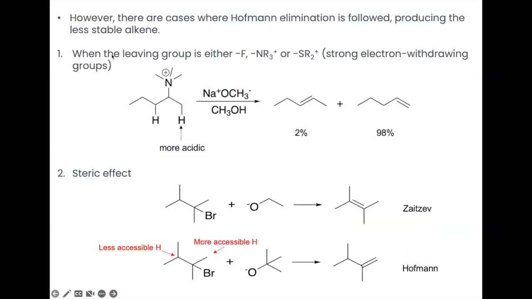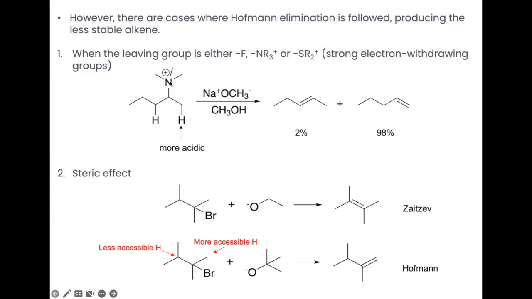Okay, number one, when the leaving group is either a fluorine, or an ammonium group, or you have a sulfide group. Why those three? Because these are strongly electron withdrawing groups. Okay.